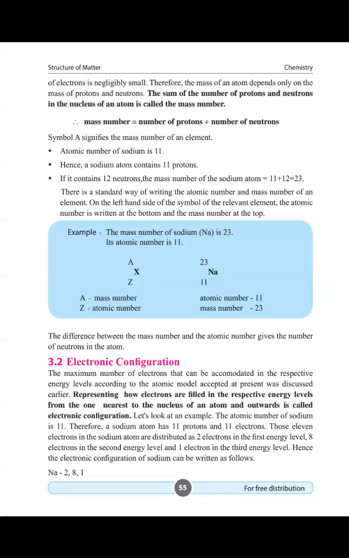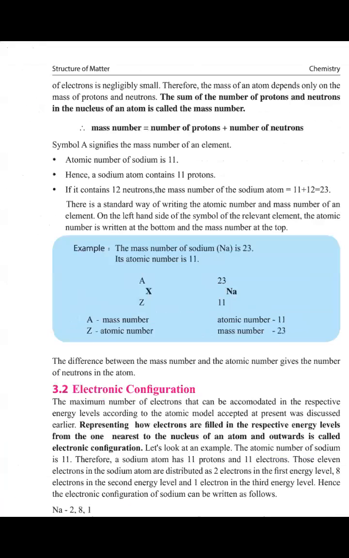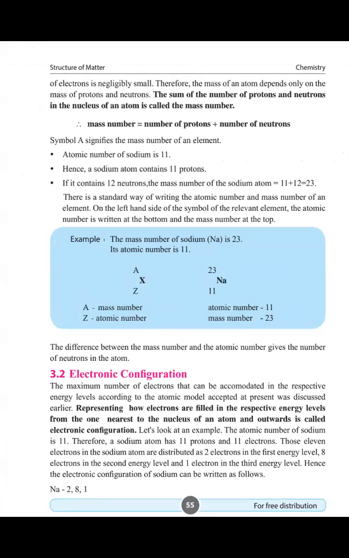Then we should know what is mass number. Mass number is the sum of protons and neutrons in the nucleus. You know, protons and neutrons are together in an atom. So the sum of protons and neutrons in an atom is the mass number.